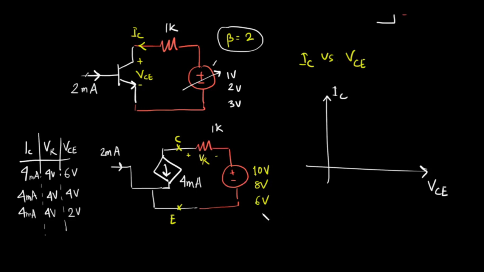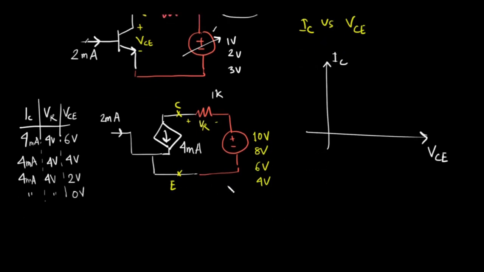Now if I apply 4 volt at the supply, everything will be the same for IC and VR, but VCE will be 4 volt minus 4 volt, which will be 0 volt. Now if I decrease the voltage even further, suppose I put 2 volt at the supply, then what will happen?